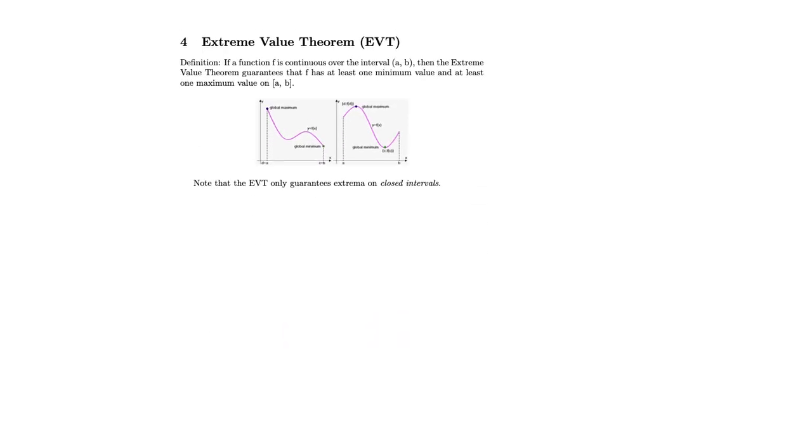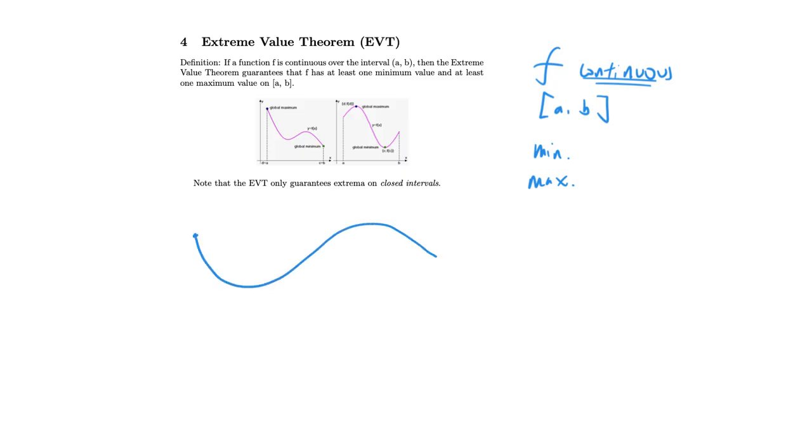Right, what the EVT guarantees is that if you have an interval AB, then you must have a minimum value and a maximum value. And this is guaranteed only if f is continuous. This is very important. If you think about it intuitively, if you want to go from A to B in one stroke, you would definitely have a minimum and a maximum.